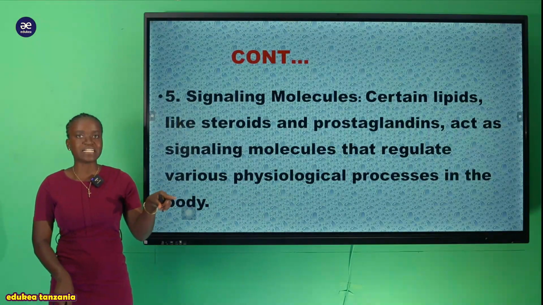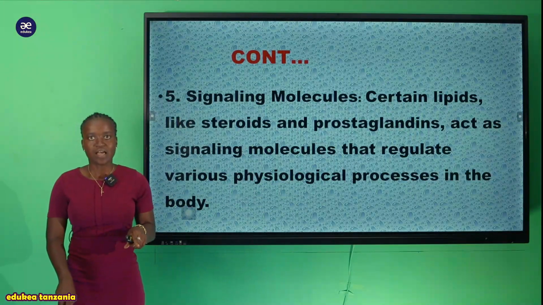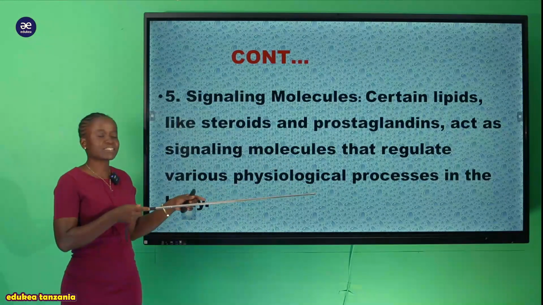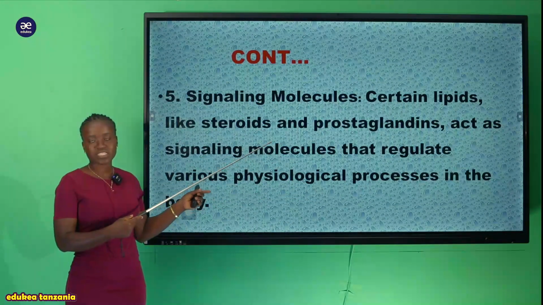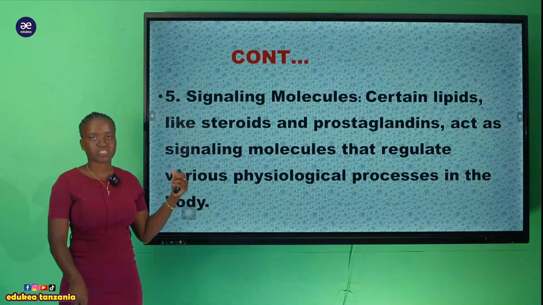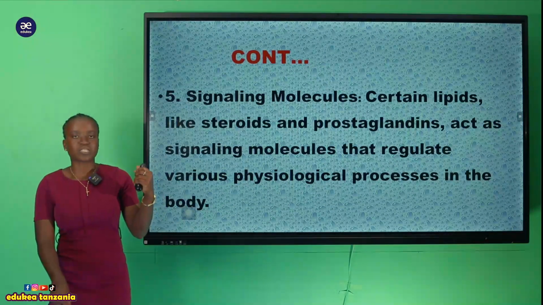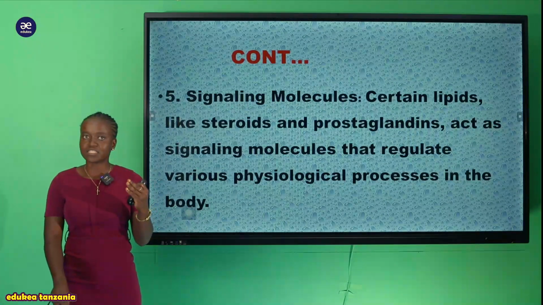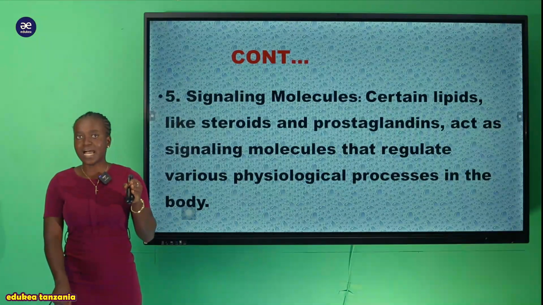They are found in the male reproductive structure. But here you have to know that the prostaglandins, together with the steroids and what is made from this steroid, that is estrogen, progesterone and testosterone, all of them are lipids.